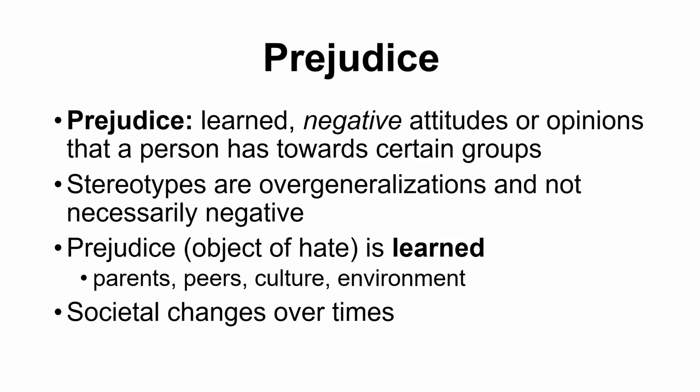An example of this would be the shift in attitudes towards racism. Not to say that racism has been completely conquered or anything even remotely close to that, but over time we've started to see more changes in attitudes towards prejudice like racism.